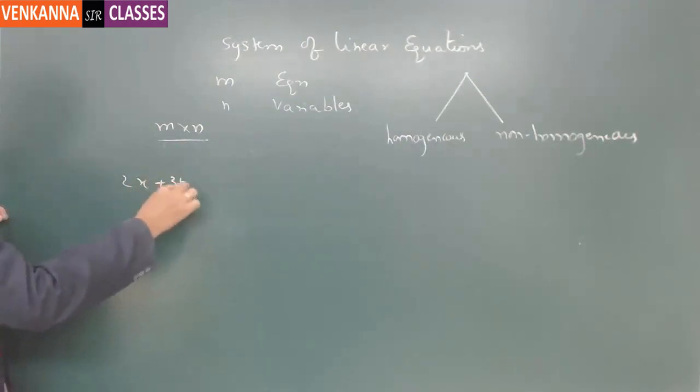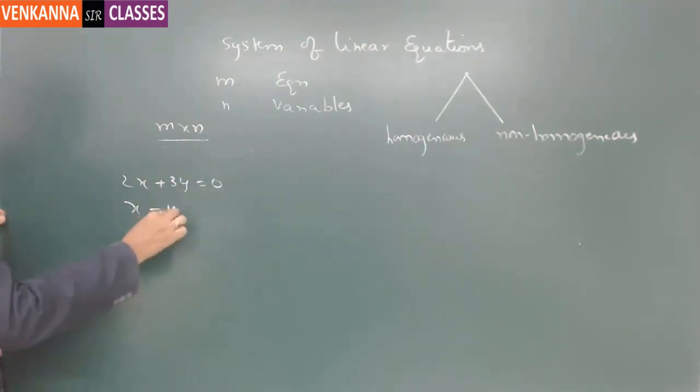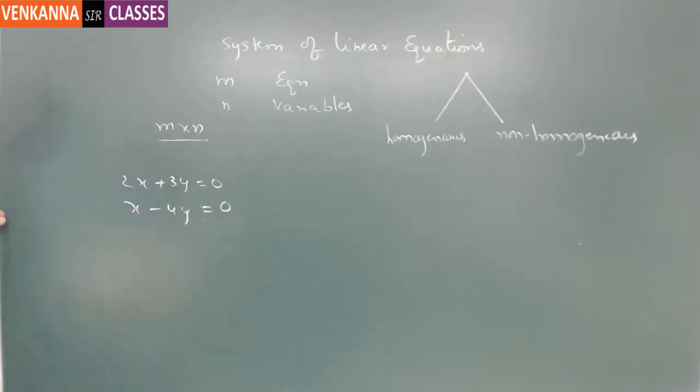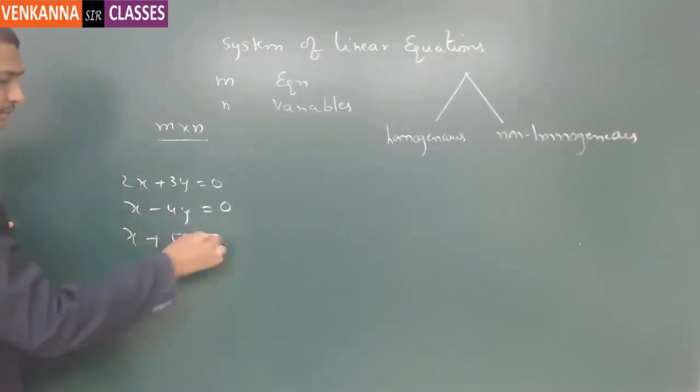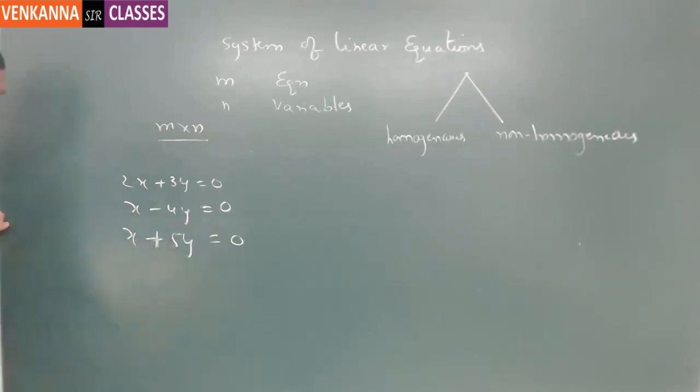Say 2x plus 3y is equal to 0 and x minus 4y is equal to 0. You can take one more thing. So here you will have a system of equations having two variables. Since the right side is 0, we call it as a homogeneous system.